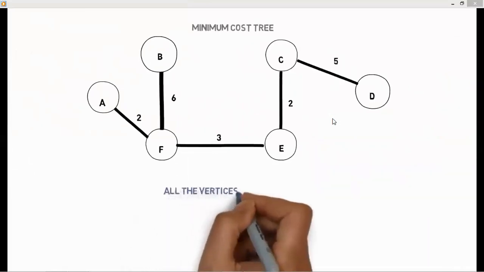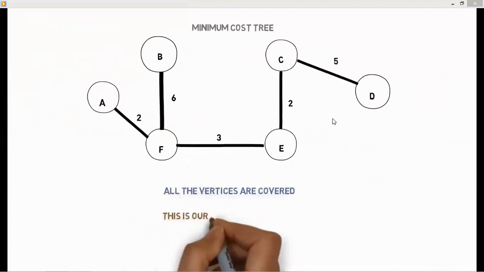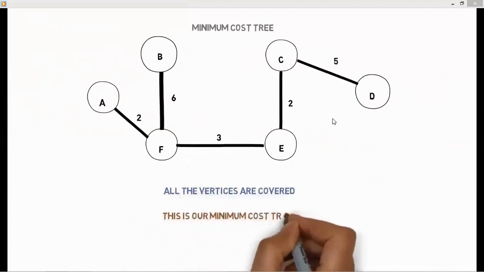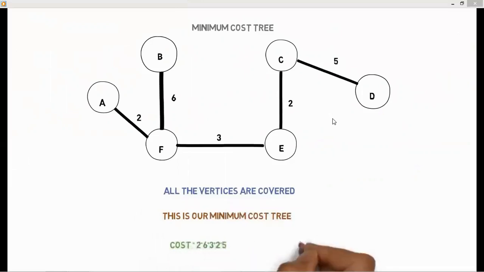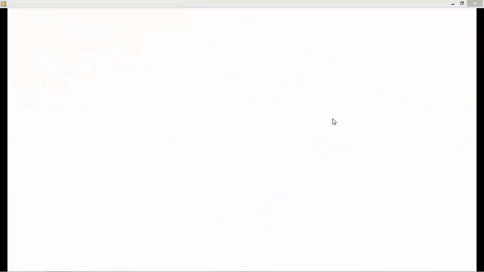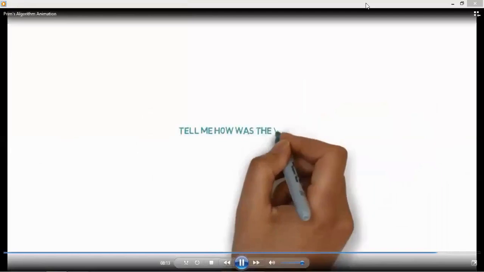For that, we select F to B with the cost 6. Total cost is 18. This is about Prim's algorithm.